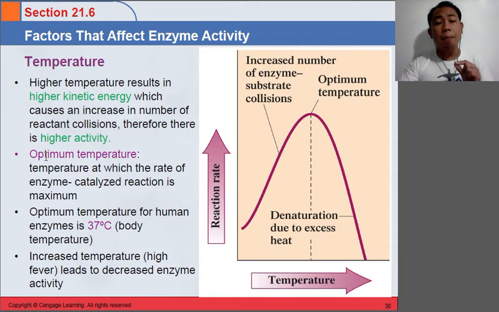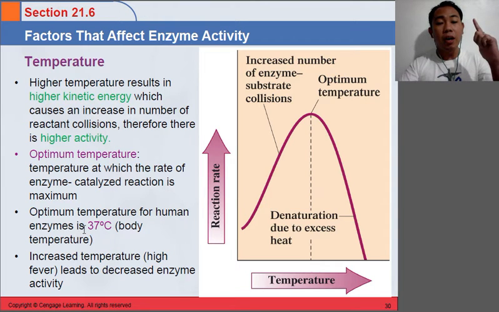This optimum temperature is the temperature at which the rate of the enzyme-catalyzed reaction is maximum. Over that optimum temperature, the reaction of the enzyme will go down. The optimum temperature for human enzymes is about 37 degrees Celsius, the body temperature. That is why we have a body temperature of 37 degrees Celsius.